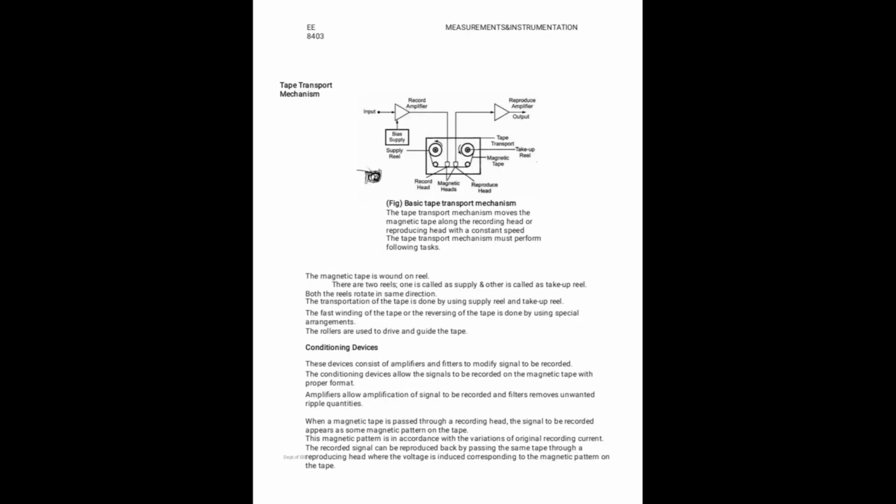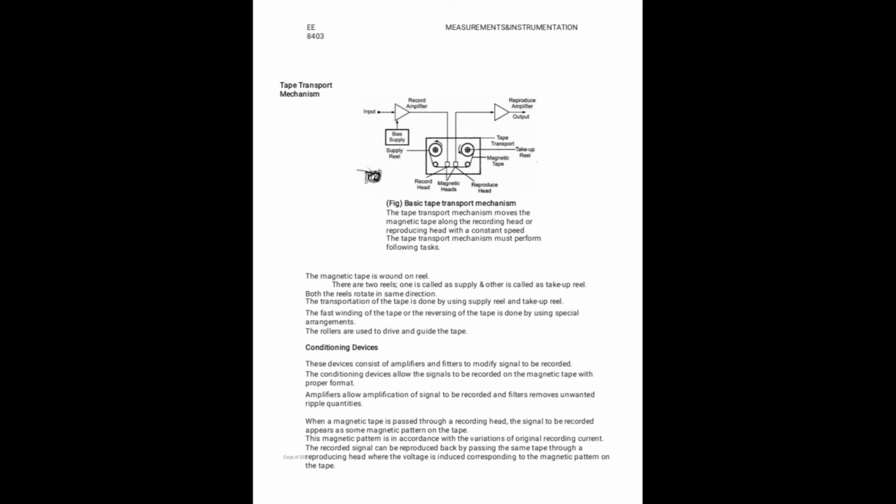The reproducing head detects the magnetic pattern recorded on the tape. The head converts the magnetic pattern back to the original electrical signal. In appearance, both the recording and reproducing heads are very much similar.